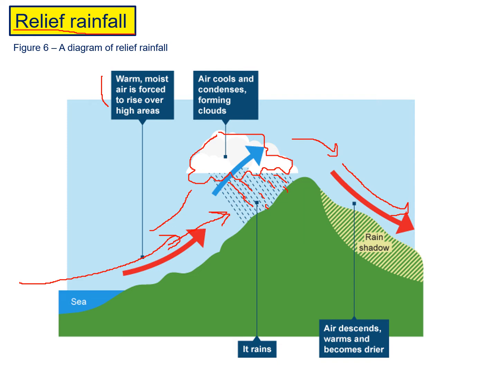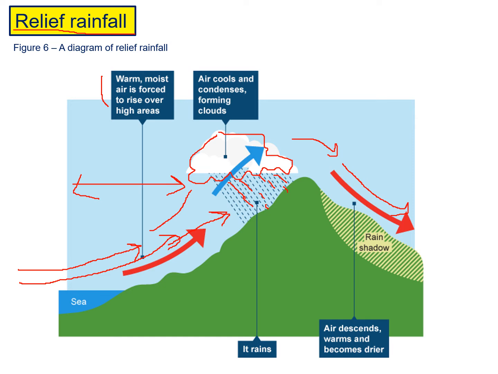So once again, the air is blown in from the west and it meets this high relief. The air rises and condenses to form rain clouds. This rain is then released on this side of the mountain, and we call this side the windward side, as that's the direction the wind is blowing in.